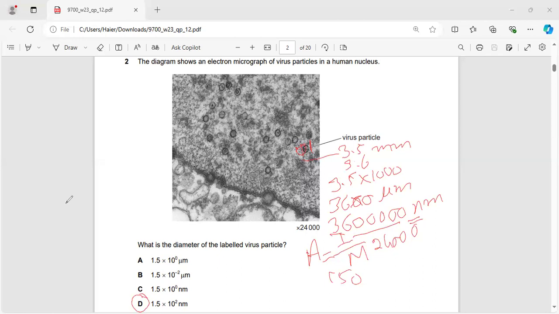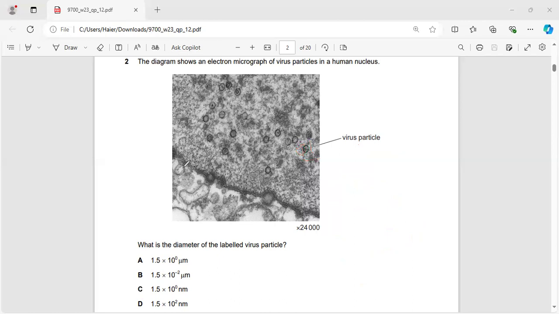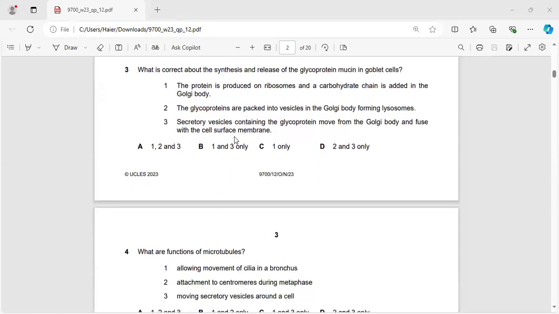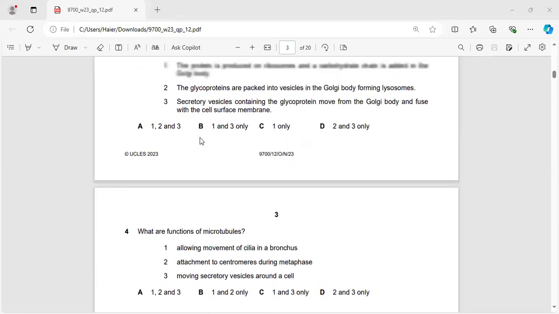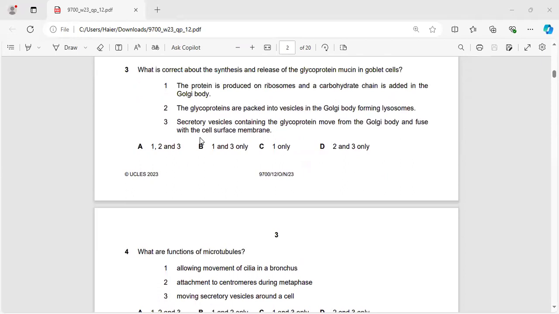Now, question number 3. What is correct about the synthesis and release of the glycoprotein mucin in goblet cells? You know about goblet cells, which produce the glycoprotein mucin.